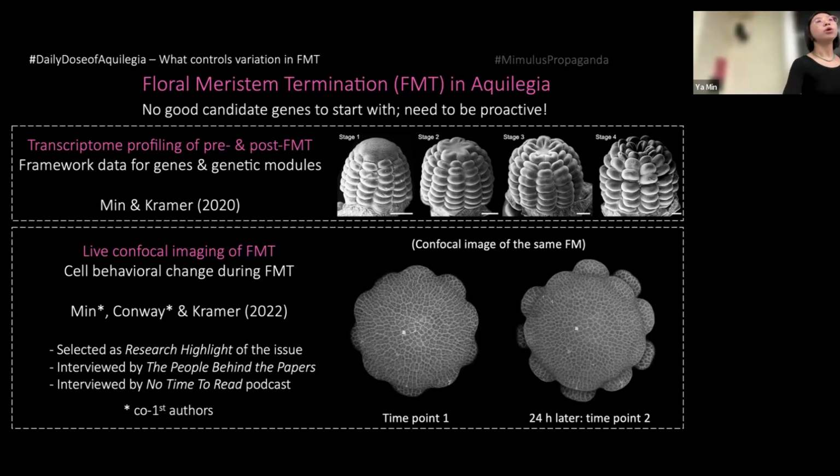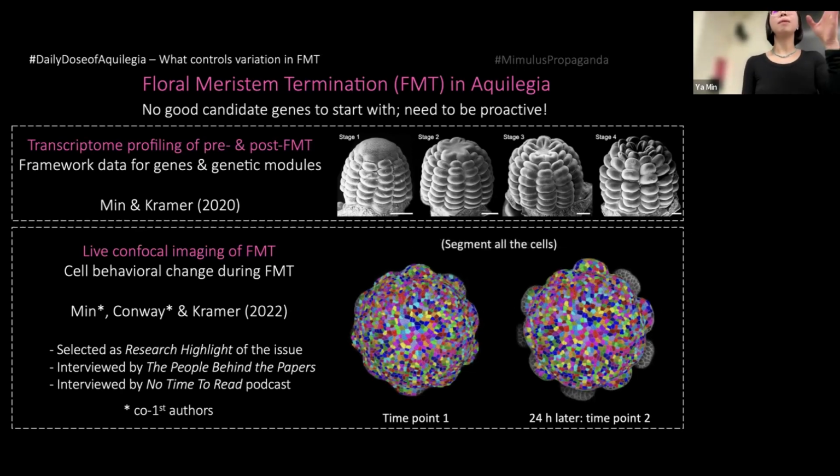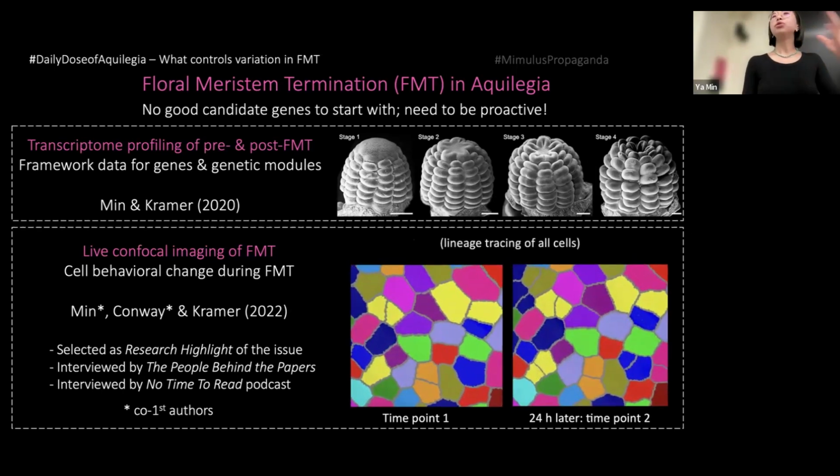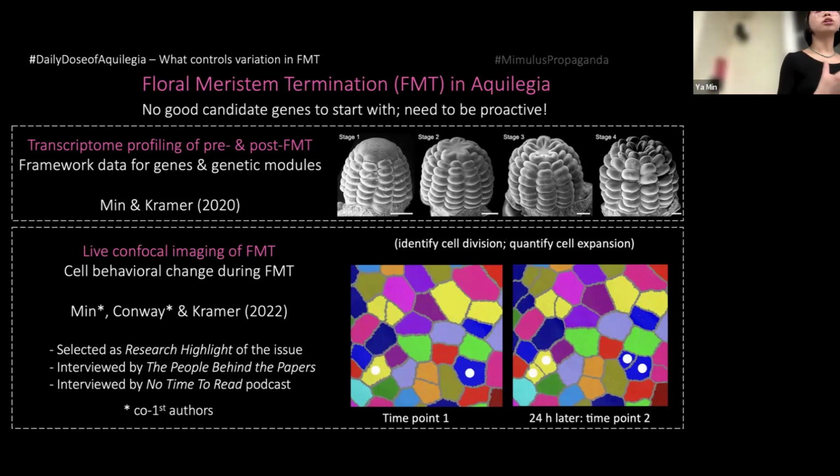By doing so, we were able to track all the cells in the floral meristem over time and then quantify how they divide, how they expand, the position of division, the frequency, the direction, and everything. So we get all this data and we can quantify the cellular behavior associated with different stages of the termination process.